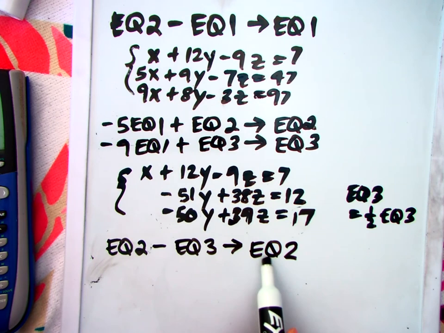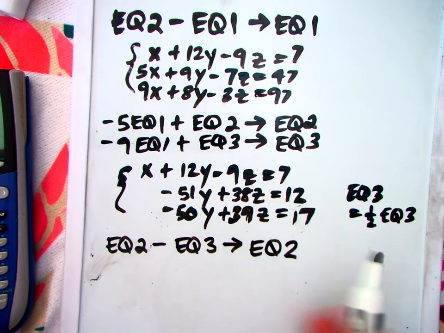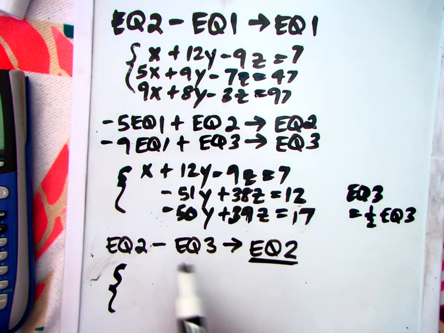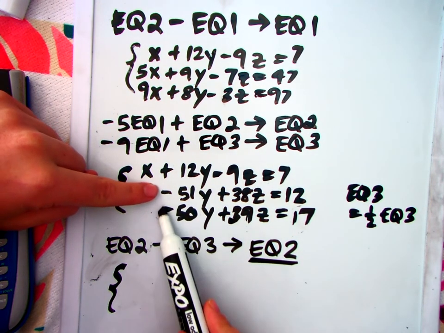What I'm doing here is very similar to the first step, just giving one of the equations a coefficient of 1. My equation 2 is the only thing that's changing, and I'm saying this one minus this one.